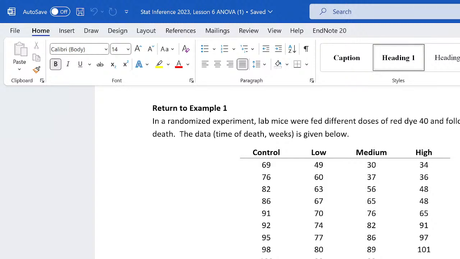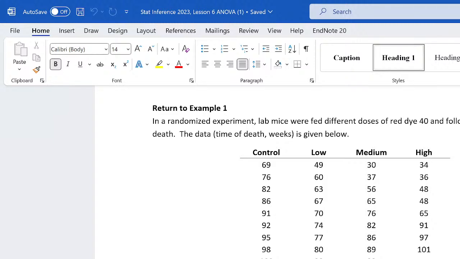All right, let's start with defining means: mu C, mu L, mu M, mu H. Control, low, medium, and high give a true mean time to death for mice like these when fed no, low, medium, and high doses of red dye.